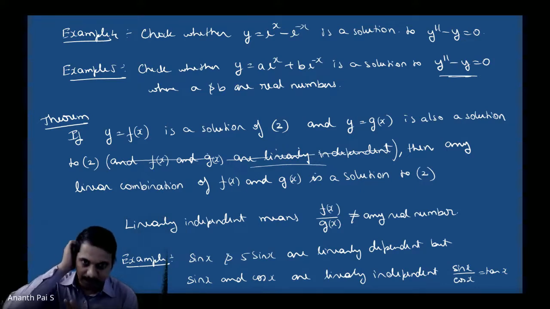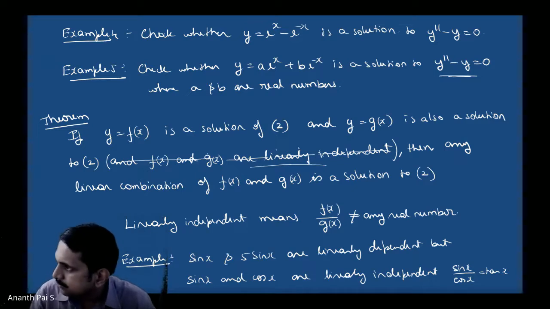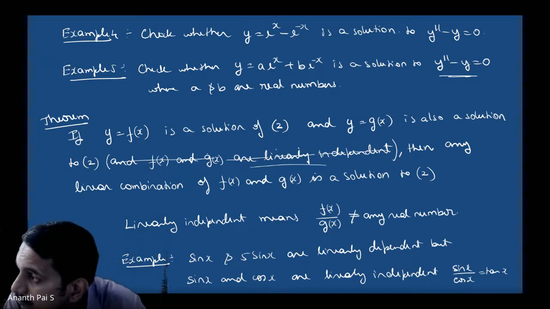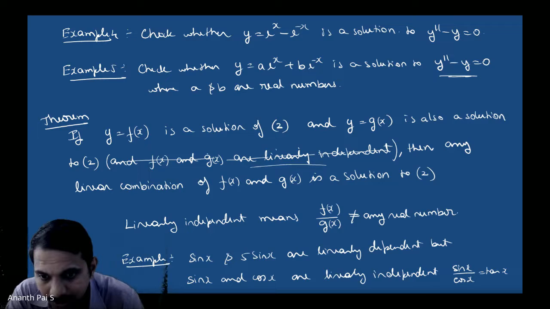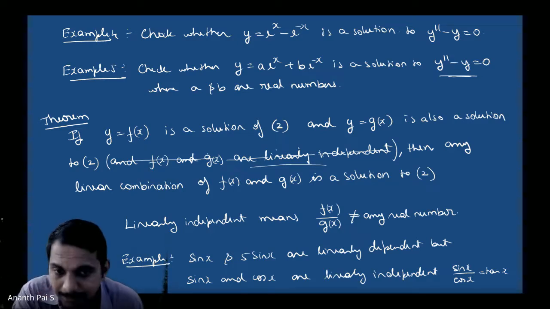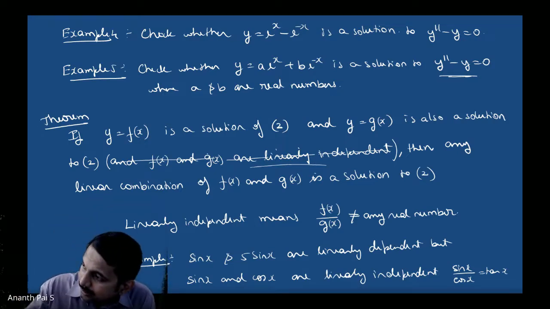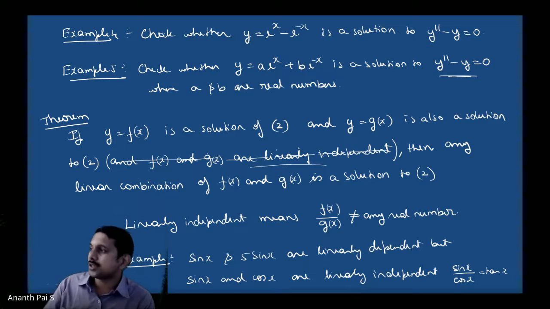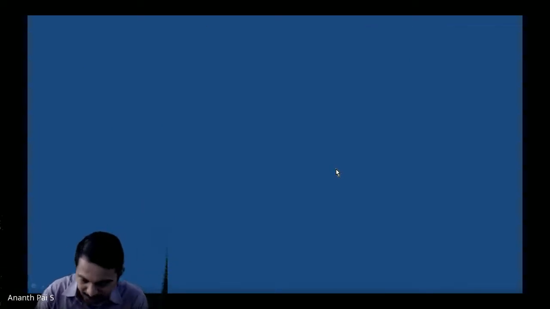So I have told you what is linearly independent. Here I have told you what you mean by linear independence. I am not saying that if it is linearly dependent, it will not be a solution. I did not say that. Very important. Okay, let us go next.